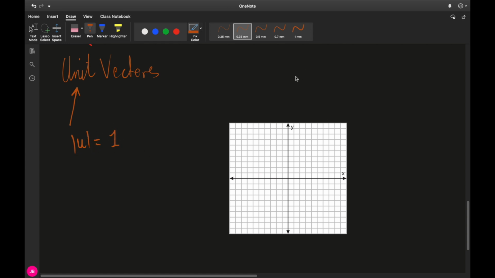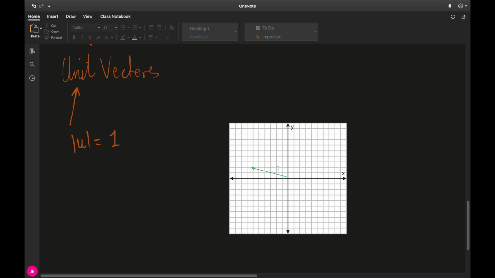So you can have vectors with different magnitudes, but when you go ahead and have a vector in a certain direction, for example, you can actually go ahead and say, okay, that's going to be a unit vector in a direction of, let's say, 30 degrees, or whatever the case may be. So let's actually go over an example. Let's say we have this vector right here, and we want to know exactly where this vector would end up if it had a magnitude of 1.